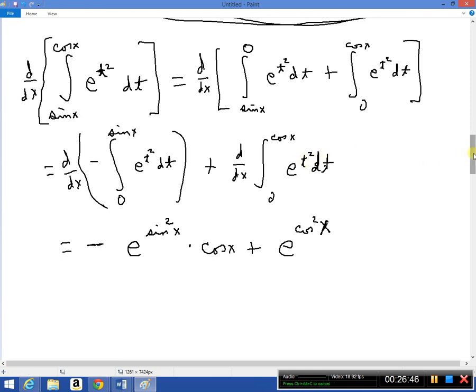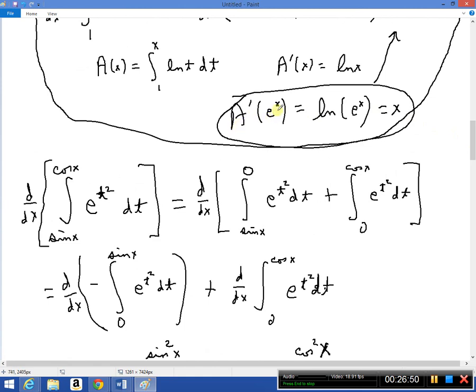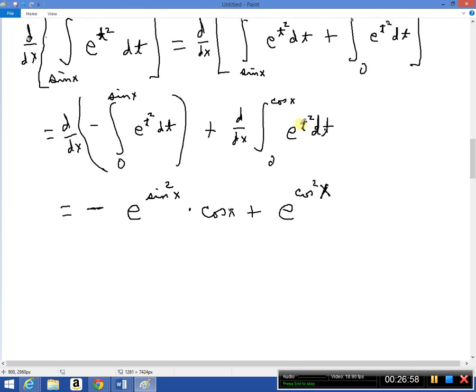All right, look again up here. The derivative at x is the integrand at x. So you've got to plug in this guy, e to the cosine squared of x, but then you've got to multiply by the derivative of what's inside. That came up here.